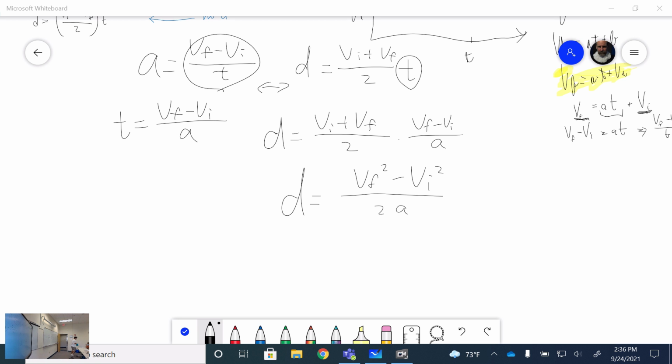I did actually have a similar line of thinking. To you, Andrew. I basically did the same thing. I can rearrange the acceleration equation to solve for time, and then replace the t in the displacement equation.